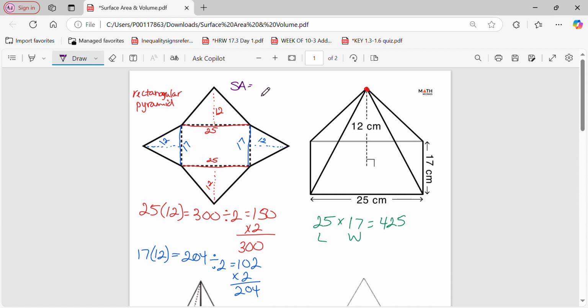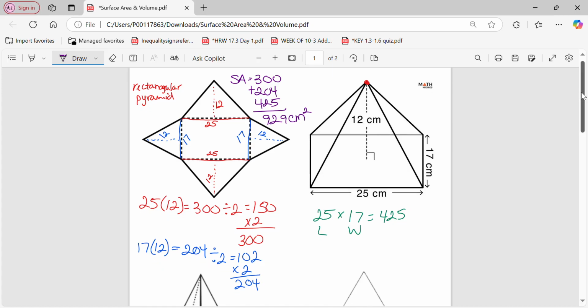So the area of my red triangles plus the area of my blue triangles plus the area of my rectangle, which will be 929, and surface area is always to the second power.